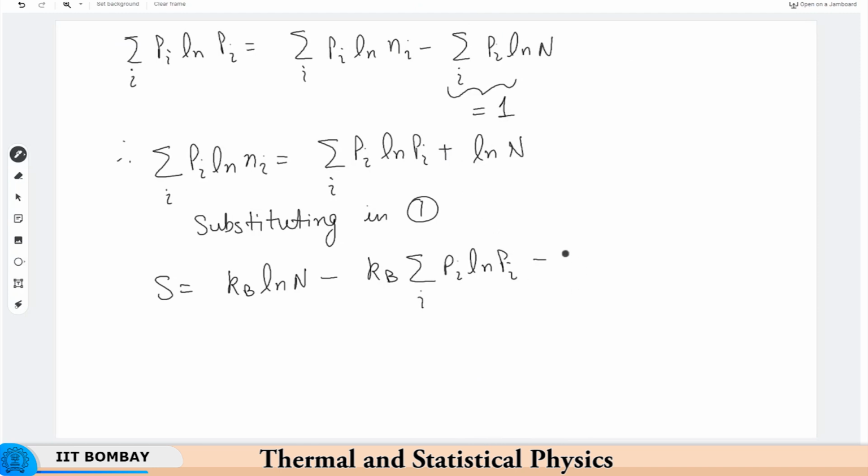So, this goes on the other side and this becomes plus, minus Kb times log n, and you can see these two terms cancel out.